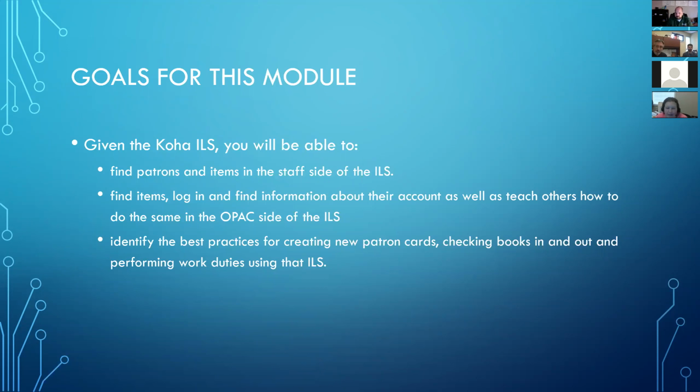So while we're not paying for the software itself, we are paying for hosting and the ability to have somebody answer our questions and fix our issues so that we are not responsible for it, which is probably a good thing. What I wanted to make sure you understood this week was how to use the staff side to find patrons, edit patron data, find items, not necessarily editing item data.